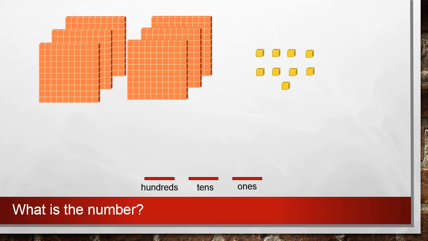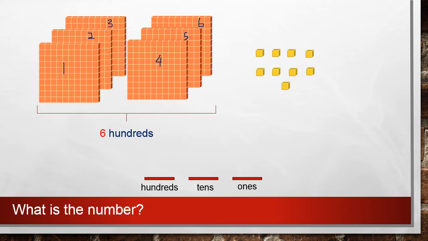Third example. What is the number? Let's start with the hundreds block first. Let's count 1, 2, 3, 4, 5, 6. So we have 6 hundreds, 6 blocks of hundreds.